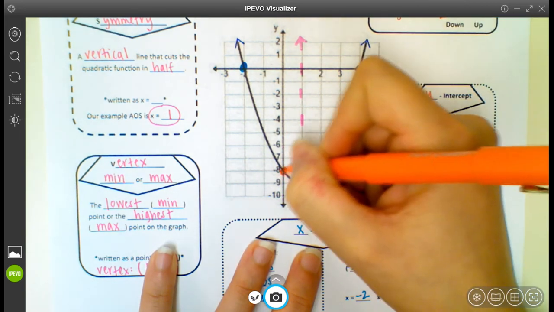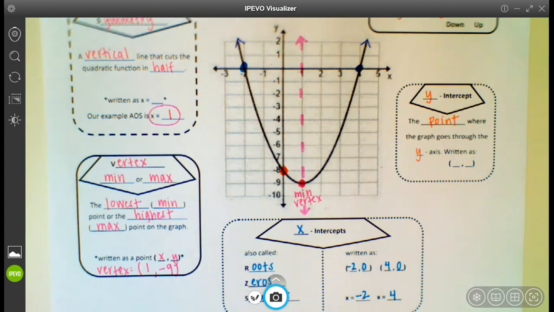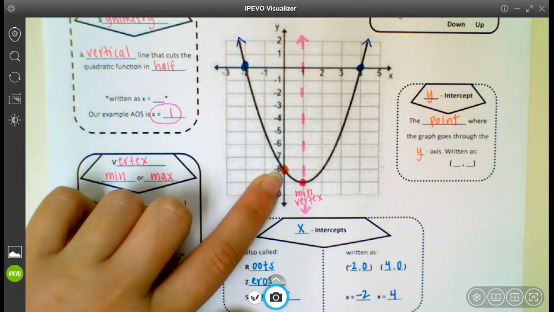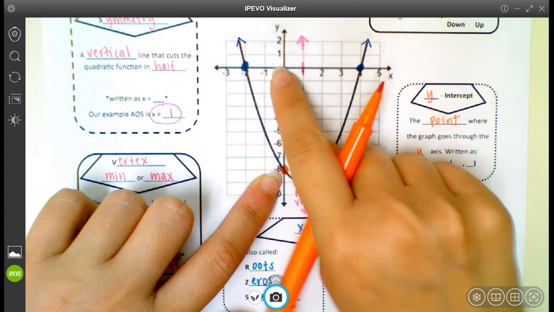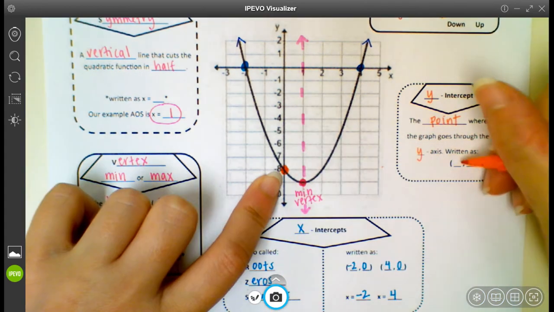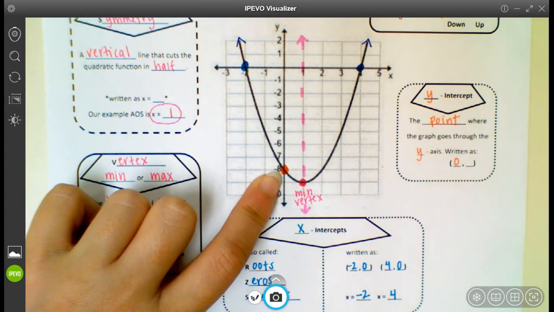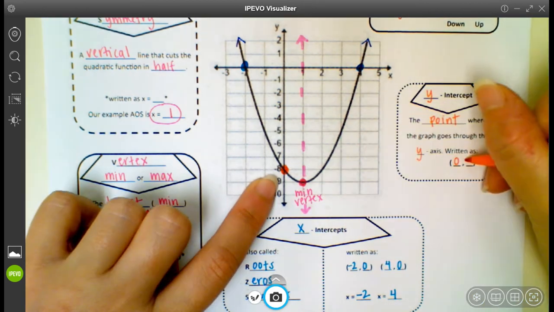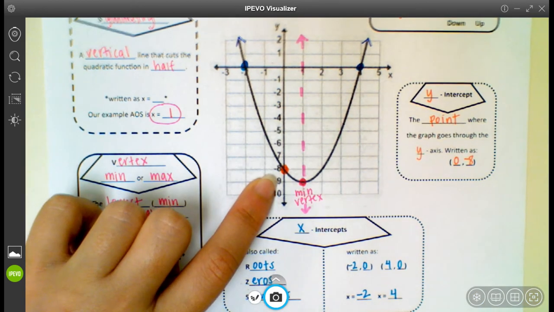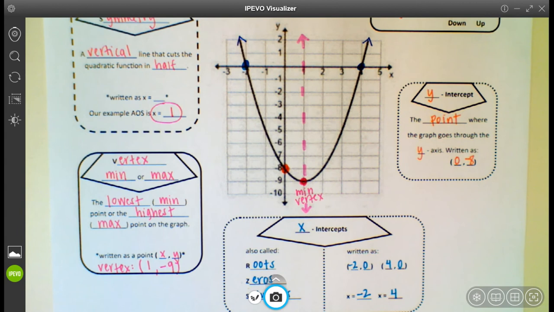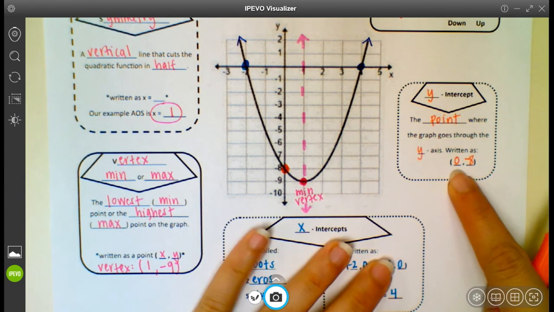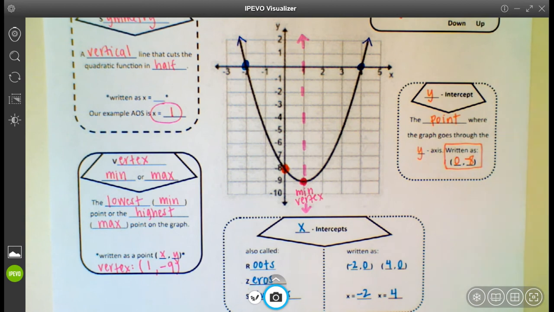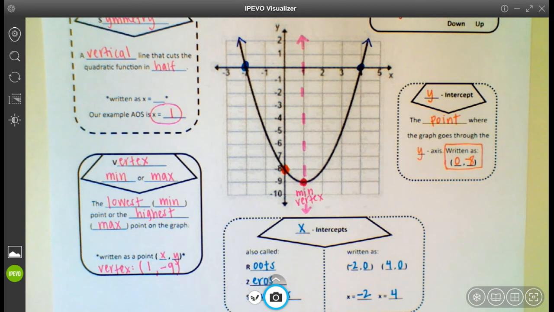Well, it hits me right here. So this is our y-intercept. We did not move any from left to right. So our coordinate would be 0, comma, and then how far down did we go? We went down -8. So our y-intercept is a point. So you're going to write it literally as a point on the y-axis.